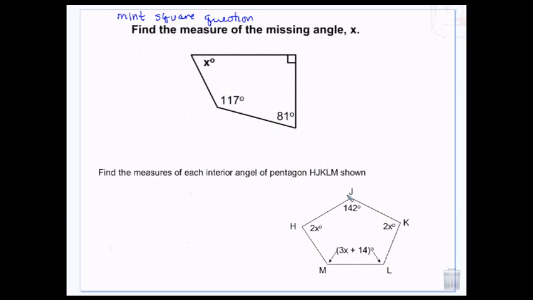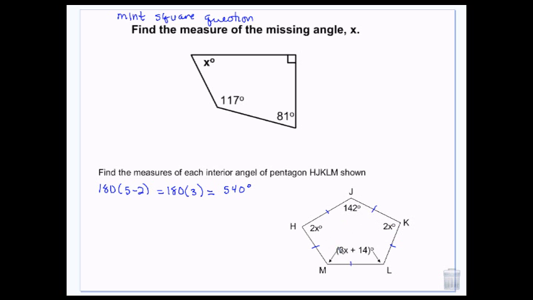How many sides does this have? Well, let's count. Yeah, 5. 1, 2, 3, 4, 5, right? So it's a pentagon. So I have 180 times 3. So 540 total degrees.